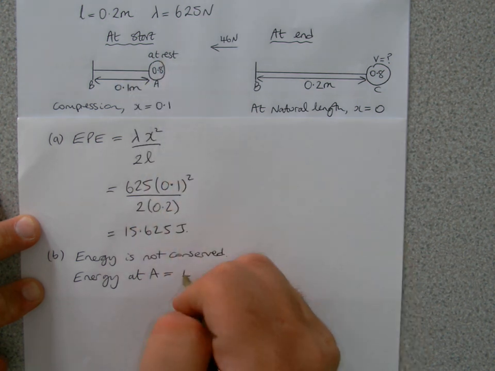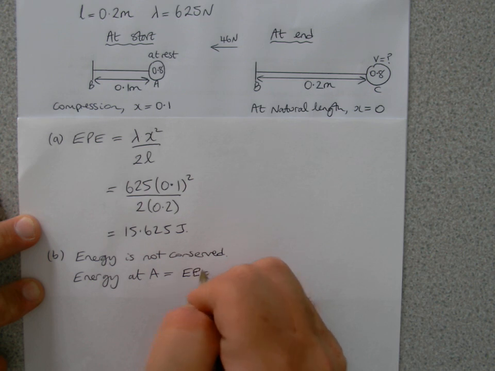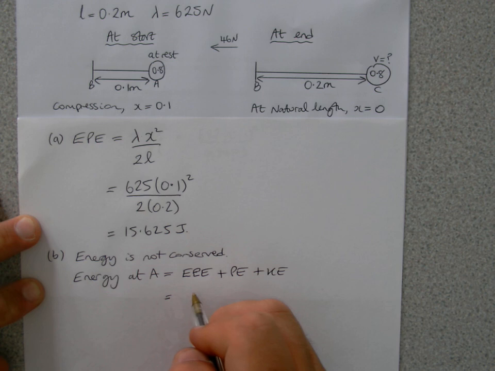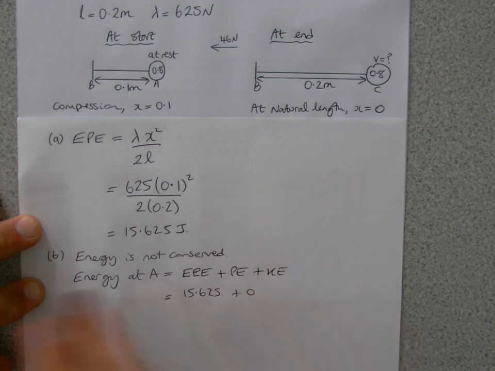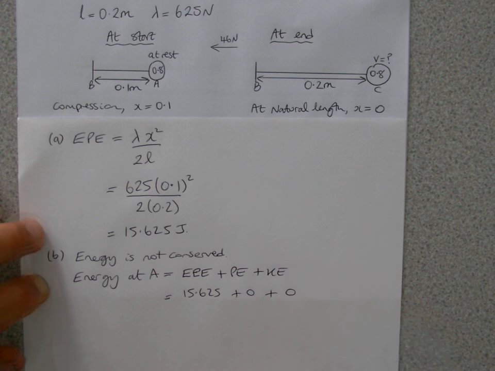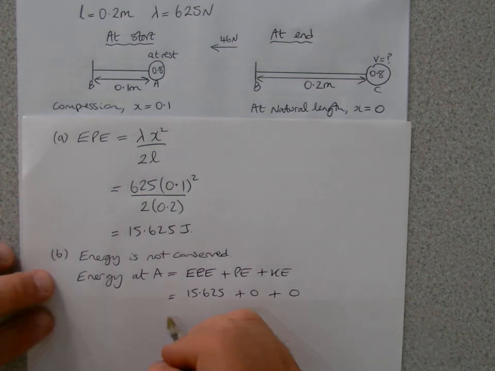It's good to write down all the different types of energy, so you could have potential energy, kinetic energy, but in this case, the elastic potential energy will be what we calculated in A, the energy stored up in the spring. Potential energy is 0, because this is happening on a horizontal plane, so we don't have to worry about it, and kinetic energy is 0 to start because it's at rest. So the total energy at A is 15.625.